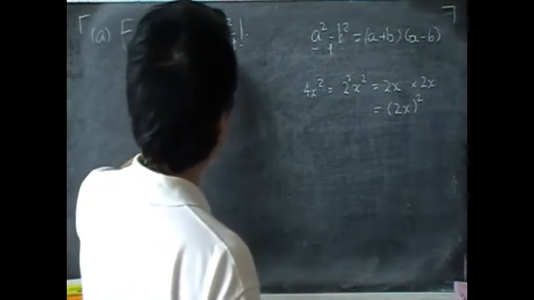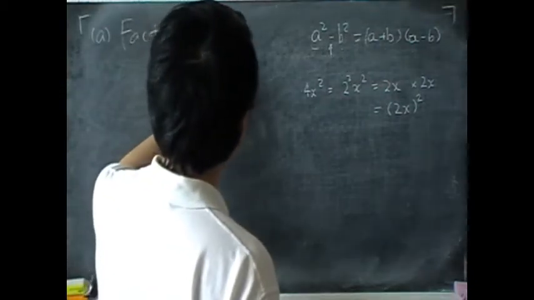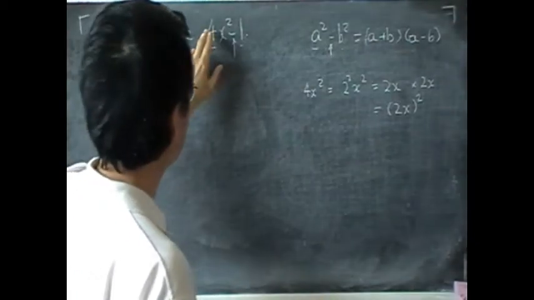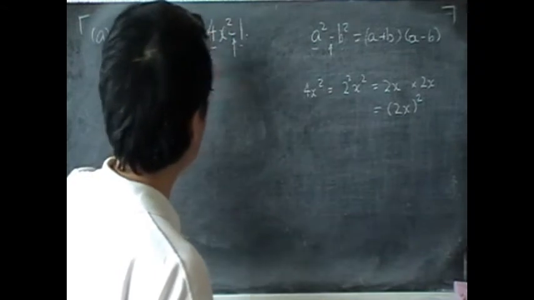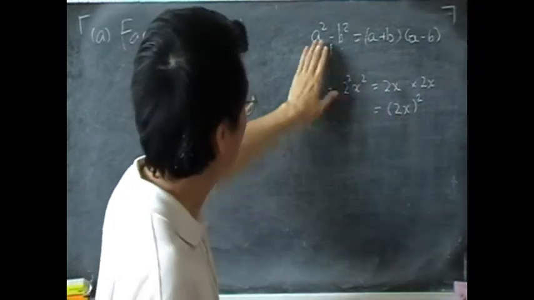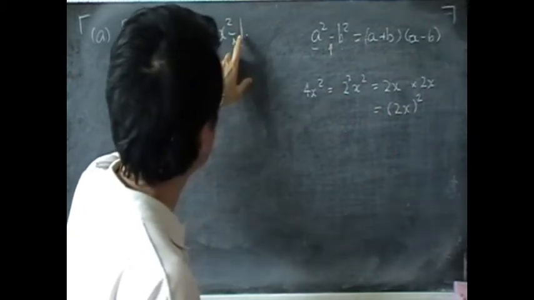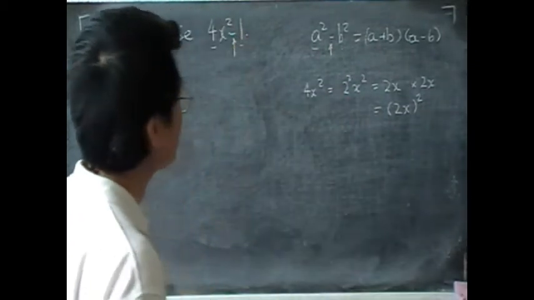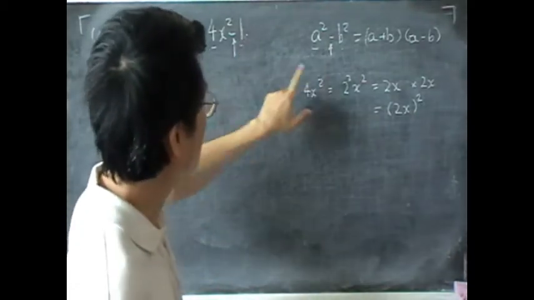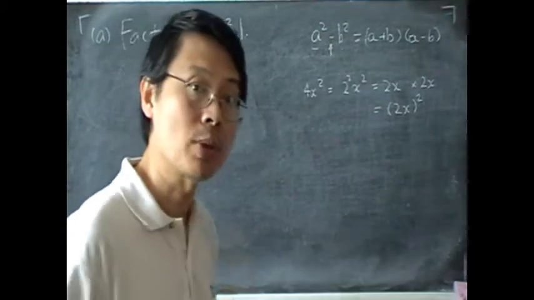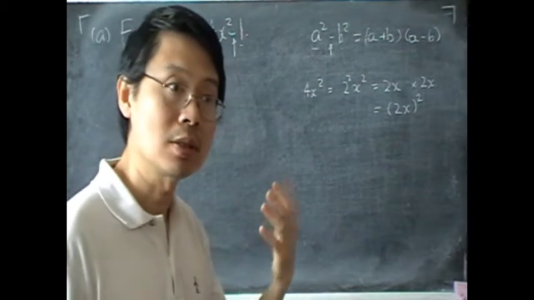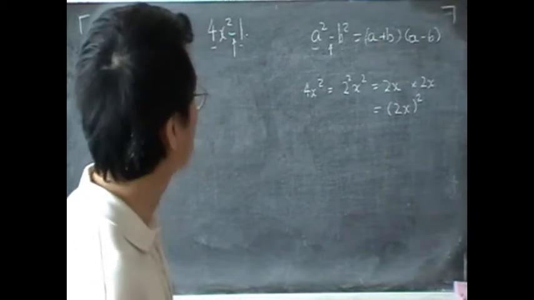Now, we now know that 4x squared can be written in a form which looks like a squared. Now let's look at the 1 there. Can the 1 be b squared? Can it be written as something squared?